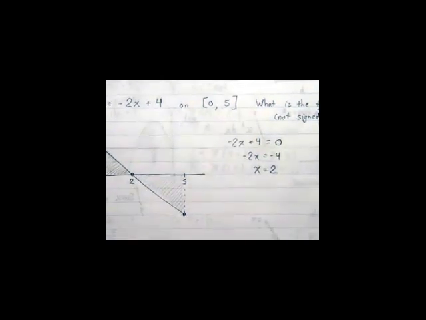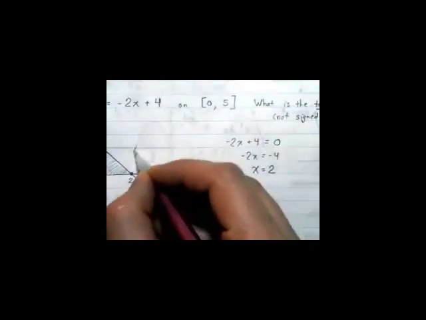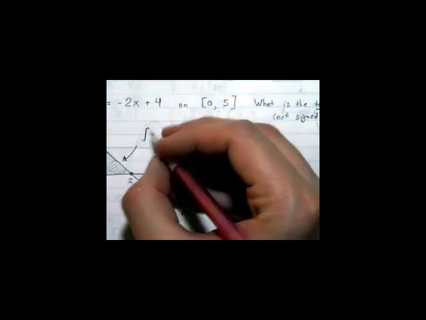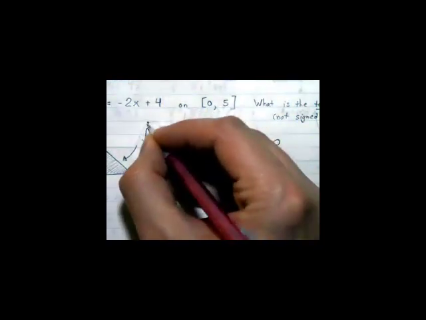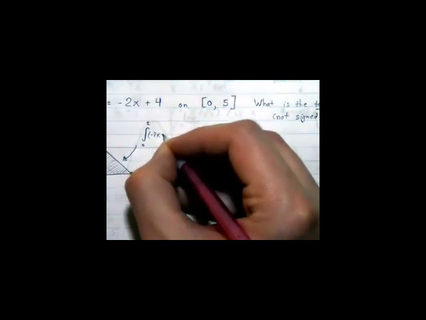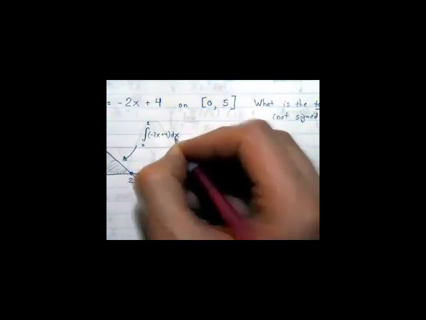Okay, so we can go ahead and just use our formulas from geometry to get the areas, but just to drive home this point up here that we talked about, the area of this triangle would be the integral from 0 to 2 of negative 2x plus 4 dx.